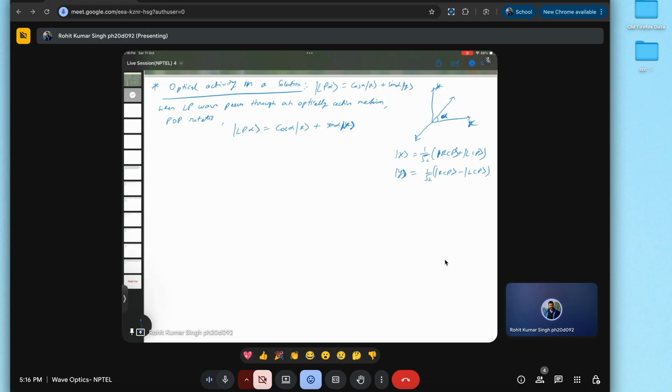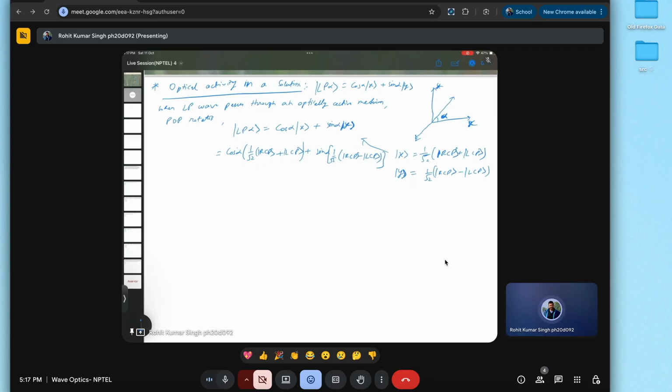So if you substitute these two here, let me substitute first: cos alpha times 1 by root 2 (RCP plus LCP), plus sine alpha times 1 by root 2 (RCP minus LCP).